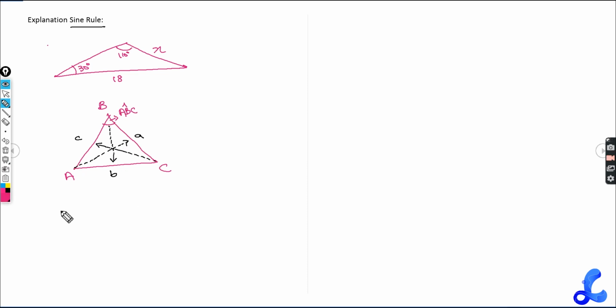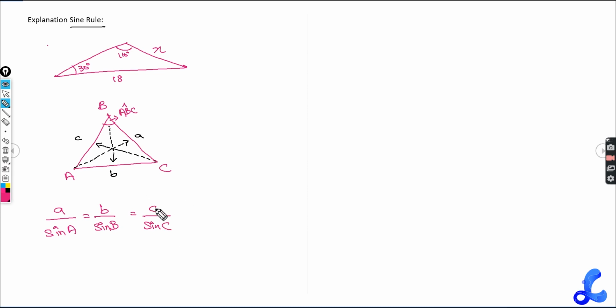Now, the formula that you have is a over sine A equals b over sine B equals c over sine C. You will use any two of these terms in a particular question. You will not be using all three terms together or interchangeably.